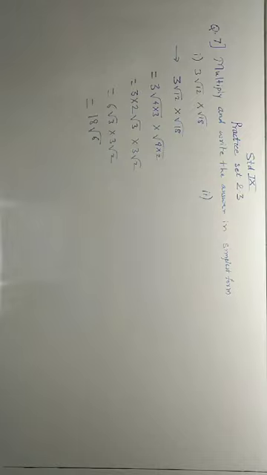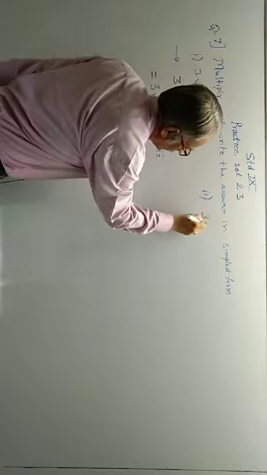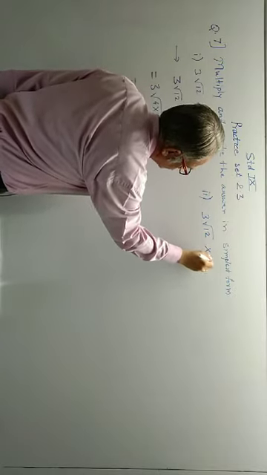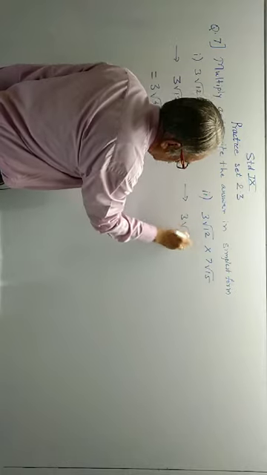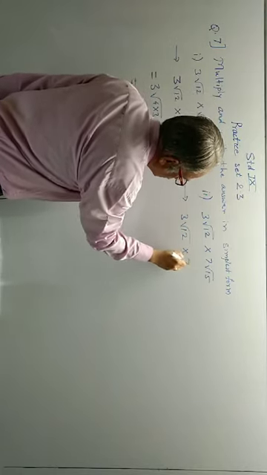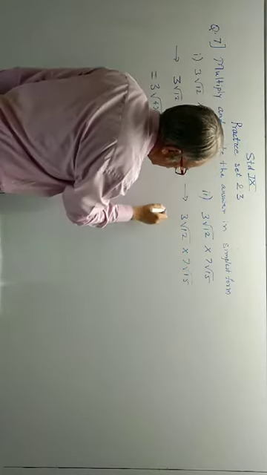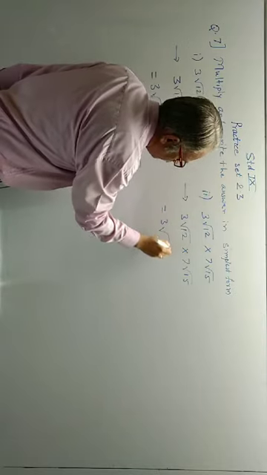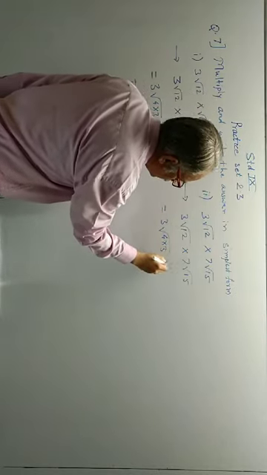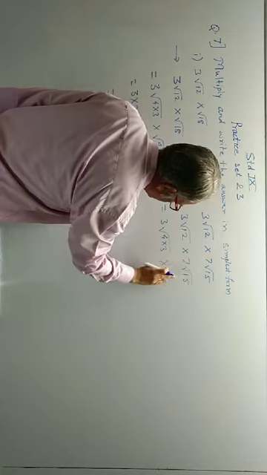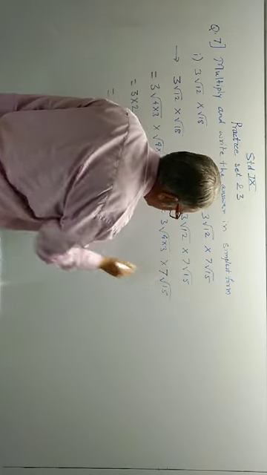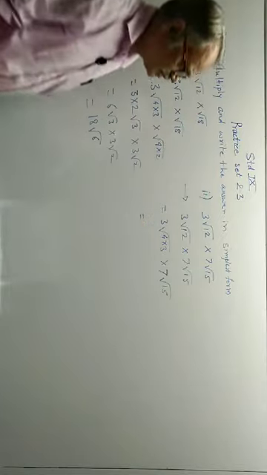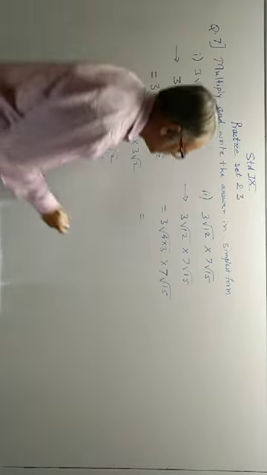is 3 root 12 into 7 root 15. Again I am writing the question in the answer and then I simplify. Root 12 is 4 into 3. Root 15 cannot be simplified because root 15 has factors 5 into 3. 5 or 3 is not a perfect square, so no use of doing that.